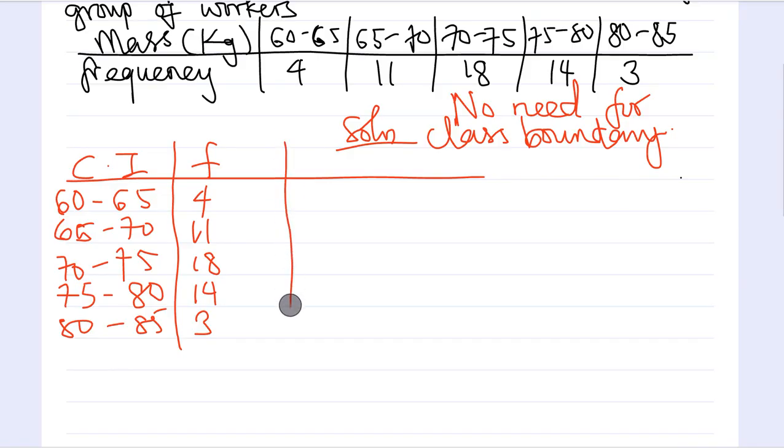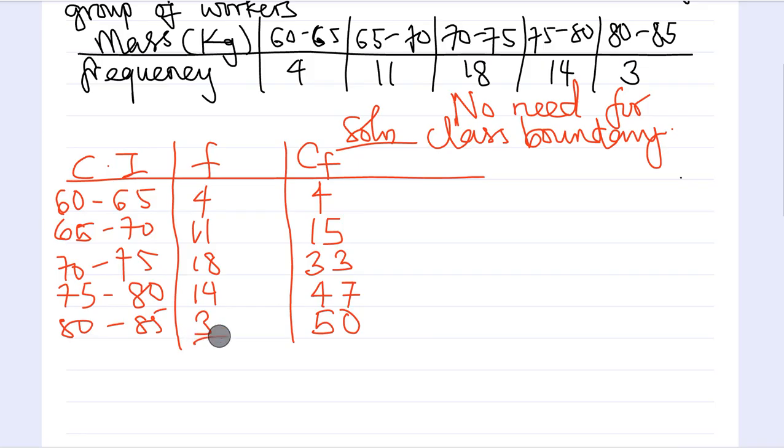Then your cumulative frequency. So remember your cumulative frequency: 0 plus 4 is 4, 4 plus 11 is 15, 15 plus 18 is 33, 33 plus 14 is 47, and 47 plus 3 is 50.